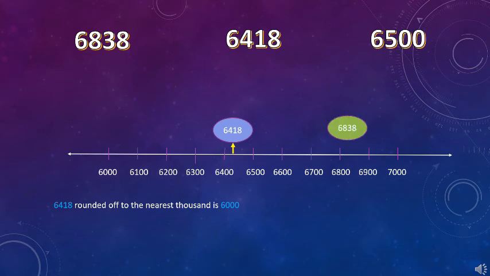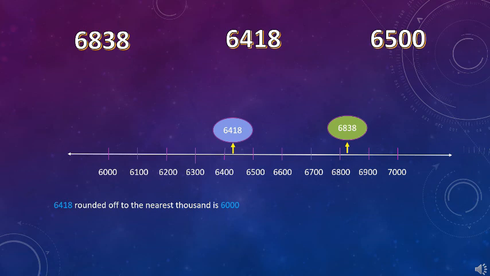Now let's round off 6838. Since 6838 is nearer to 7000 than to 6000, we round off 6838 to 7000. Also, 7000 is the multiple of 1000.